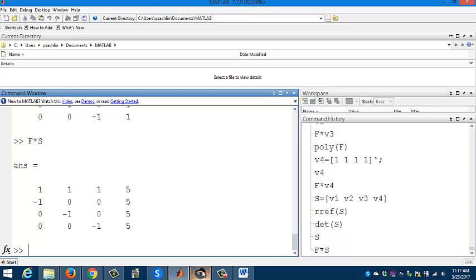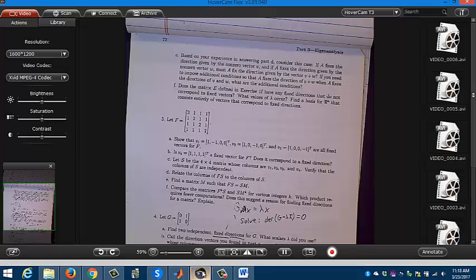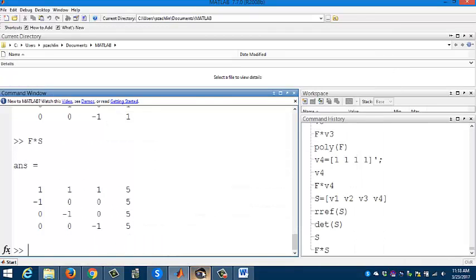Question E. This would have been very hard before today, but maybe today we can get it. Find a matrix M such that F times S is the same as S times M. Maybe it's not that hard, but it's much more clear what it actually means today than it was back then. Let's look at our calculation.